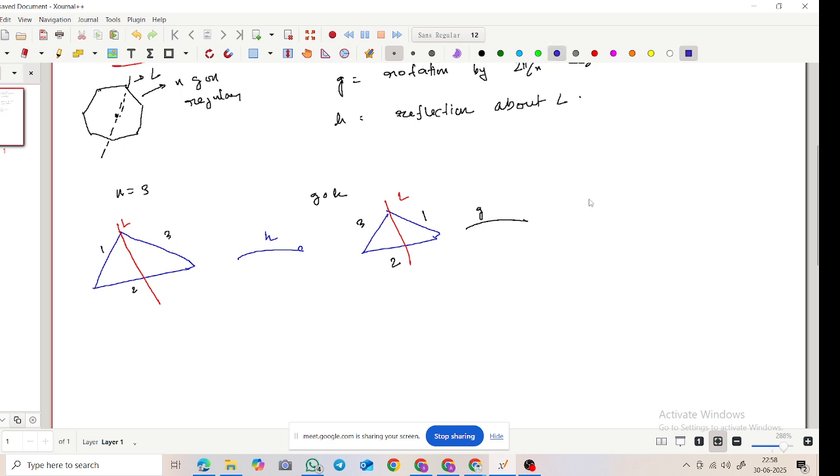What do you get? G is what? Rotation by 2 pi by 3 degree, right? So in this case, what will happen? Right? No. Wait a minute. 2, 2, 1, 3.